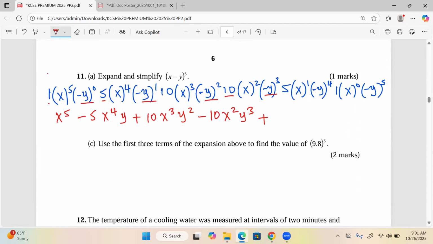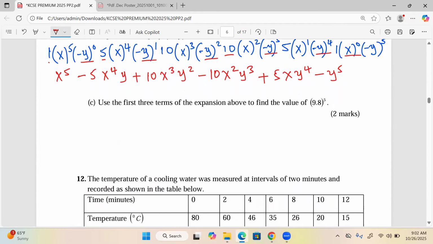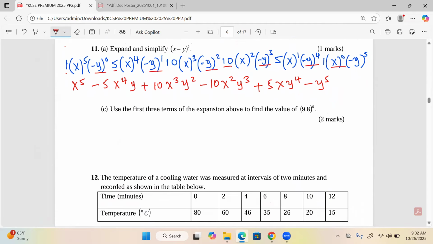Then this is positive because now there is an even power for the negative term, negative y power 4. It becomes positive y power 4 because for every negative, there's another one to cancel it. So 5x y power 4. This becomes 1. Anything power 0 is 1. So you just remain with y power 5 because x becomes 1. That is the expanded function.